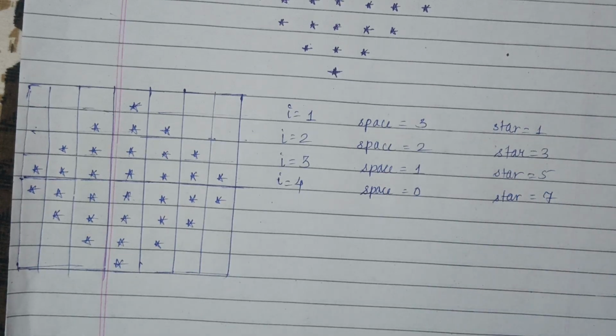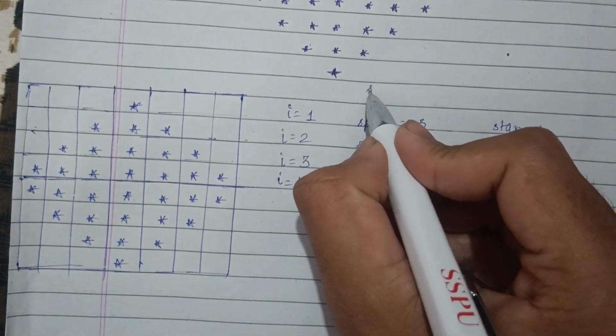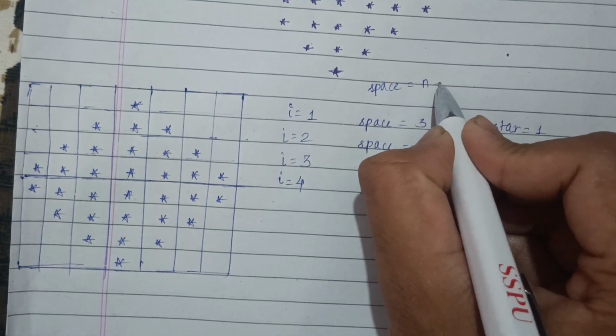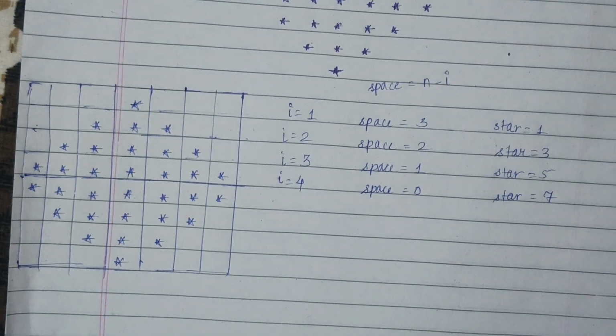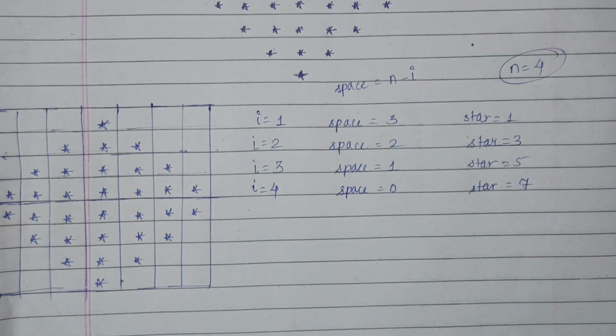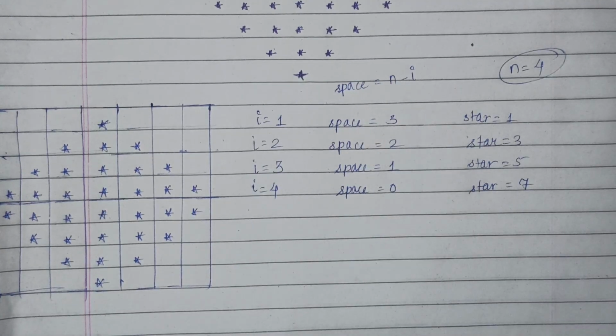So we can find the relation between them as spaces is equal to n minus i. Suppose n is the number of rows. Here the number of rows is 4. So n minus i will be row minus that line, the row number.